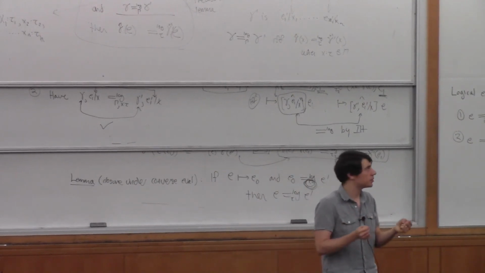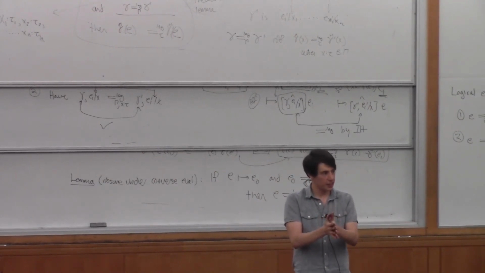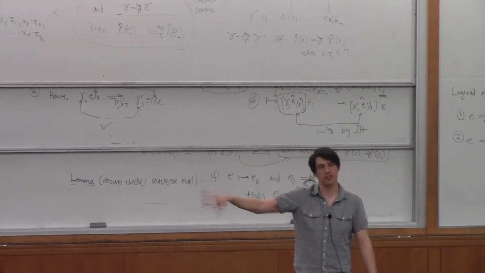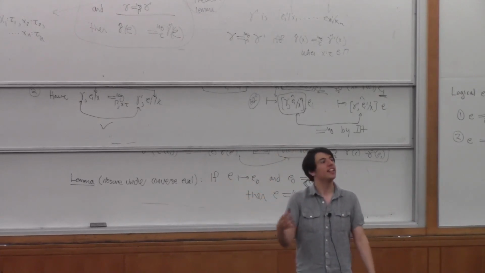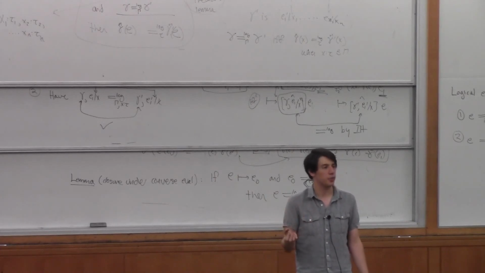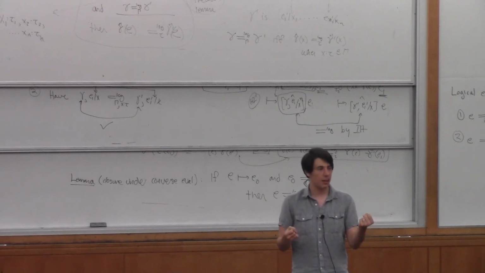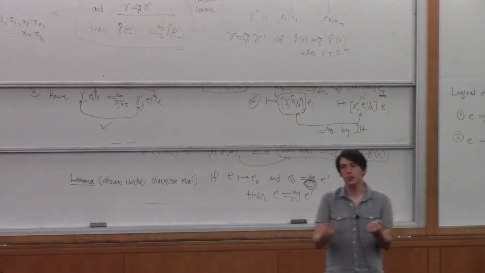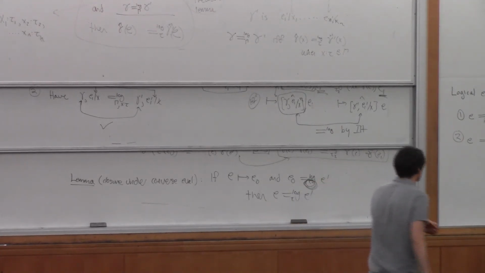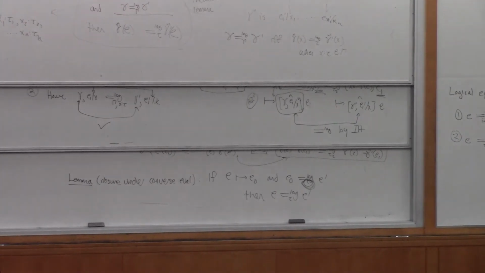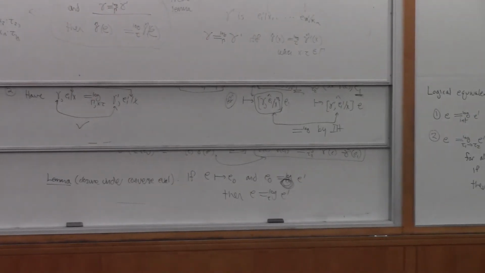OK, so just to wrap up, since we're out of time, what we've got going now is observational equivalence as the coarsest consistent congruence characterized by universal property, which tells you what it really means for two programs to be equal. We've got logical equivalence established as a tool for proving observational equivalences, with the key idea that by induction on the type, you can select specific congruences, specific contexts to consider.